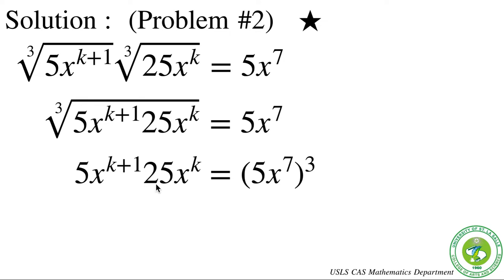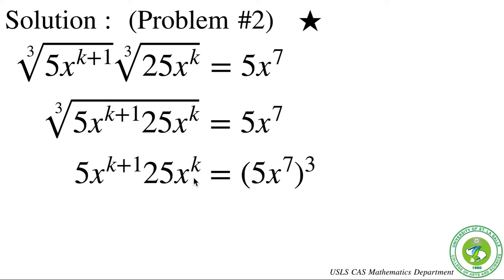Now we're cleared of the radical sign, so we simplify things on the left hand side. Since they have the same variable, x, we can combine them. It's easy with the coefficients because we simply multiply them. 5 times 25 gives us 125. Just be careful with exponents. In this scenario, the exponents are not the same, so we use the product law of exponents: if you multiply terms with the same variable, you add up the exponents.